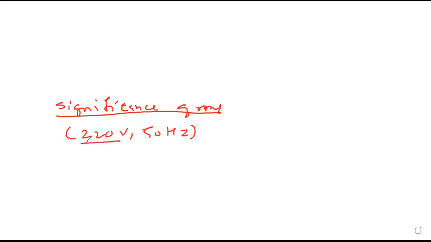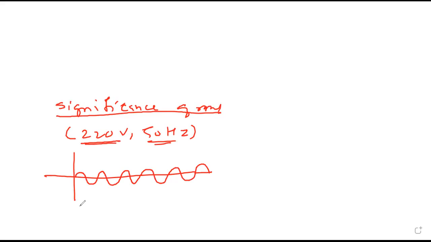Now when we say 220 volt 50 hertz supply, this means there is an alternating source sending 50 cycles per second. So when you say 50 cycles, how many times can you see it is coming to 0?